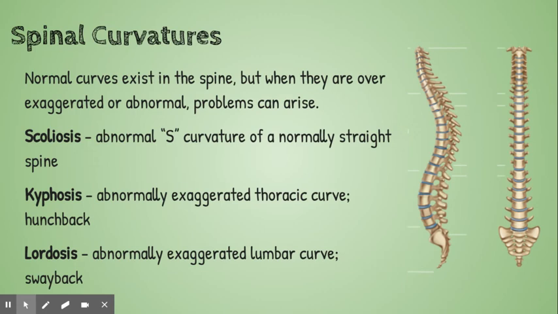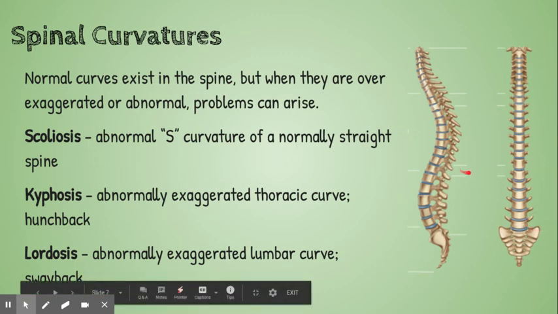You have to take your shirt off and bend over towards the nurse, then to the side, then to the back, then to the side. Basically they're looking for some curvature to your back. So scoliosis is where it should normally be straight and we've got a curve to it.